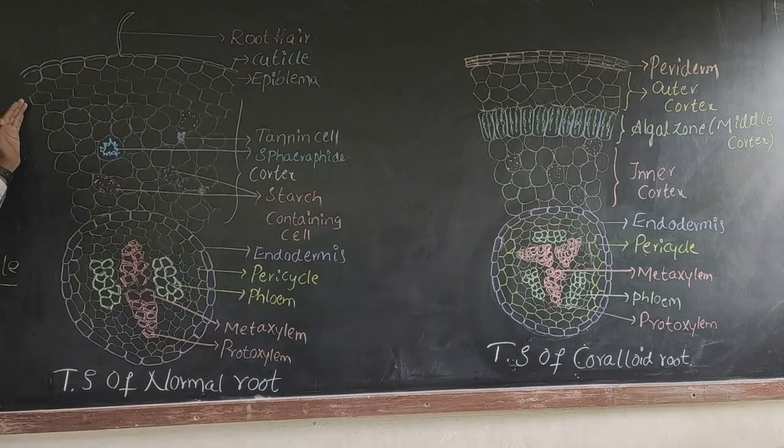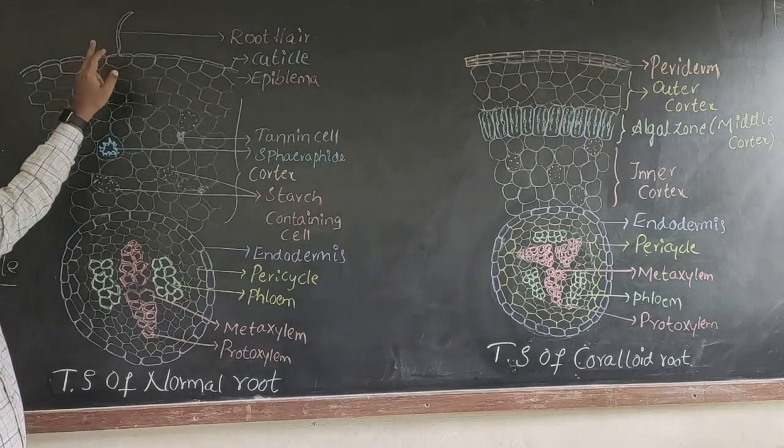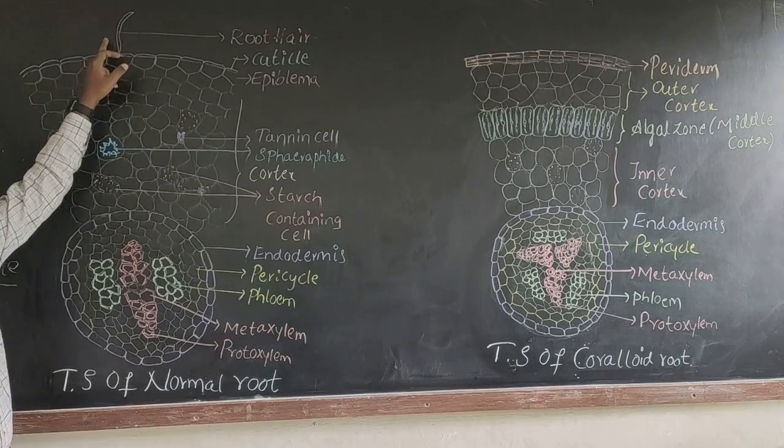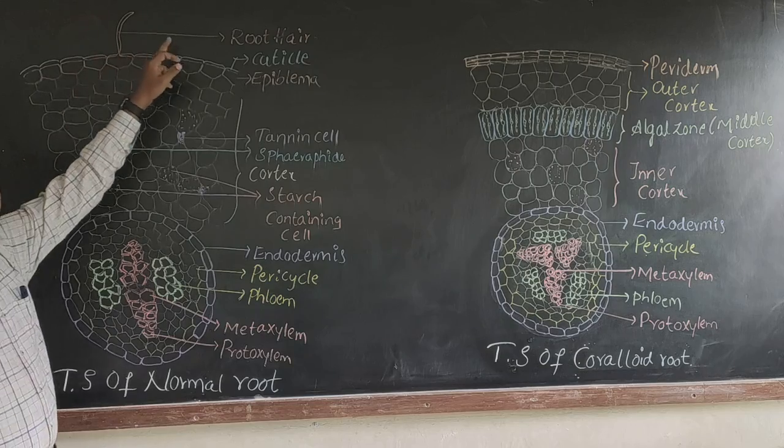They both help in protection. Some of the cells in the epiderma protrude out of the cuticle and develop into root hairs.